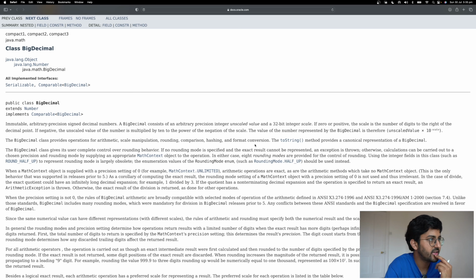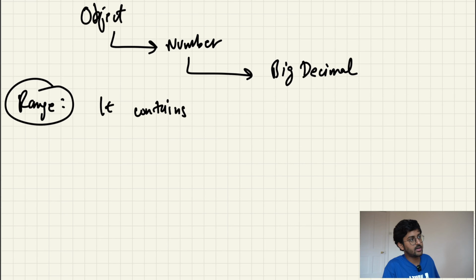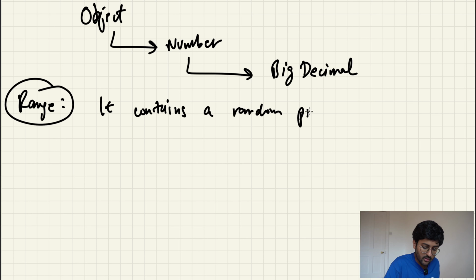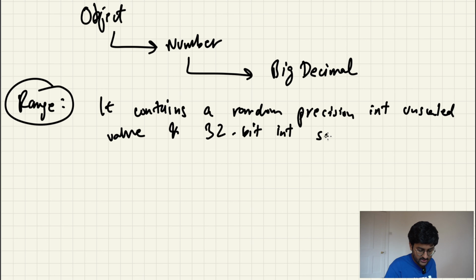Okay, pretty simple. So it contains an arbitrary precision integer unscaled value, which is not scaled yet. It depends on the number of decimal points you have, and a 32-bit integer scale. This thing is pretty simple.